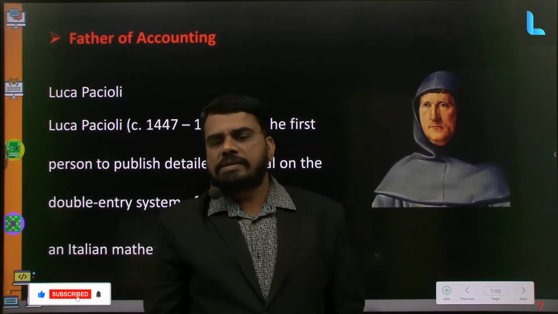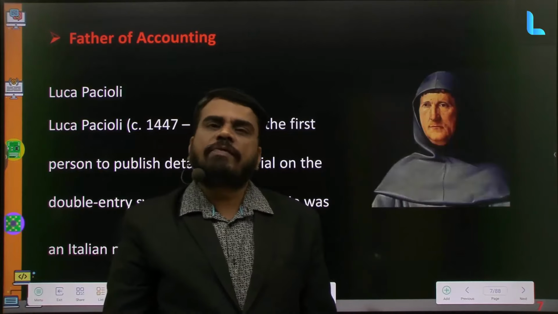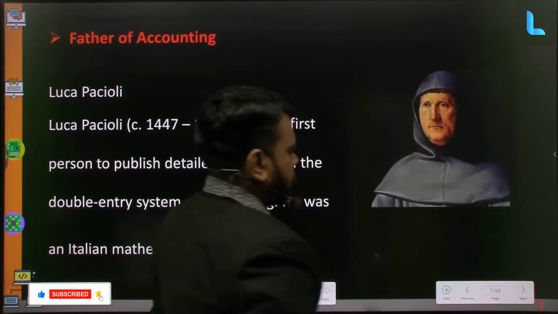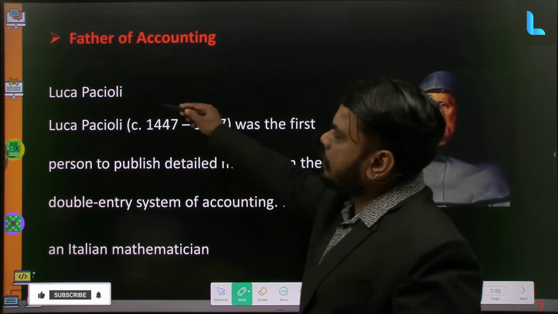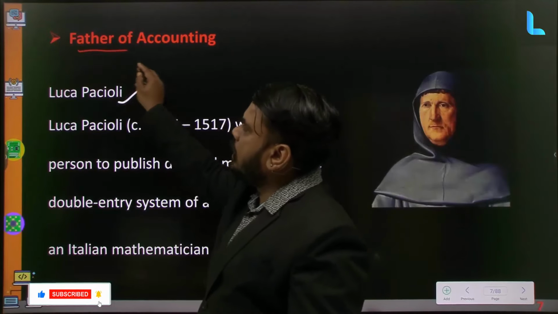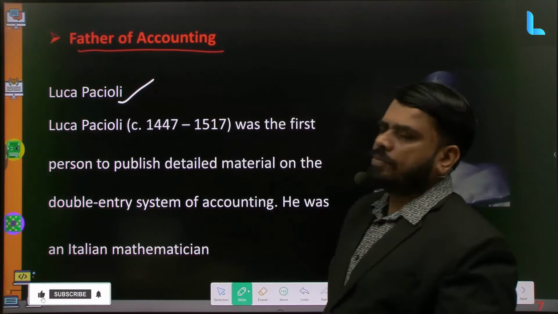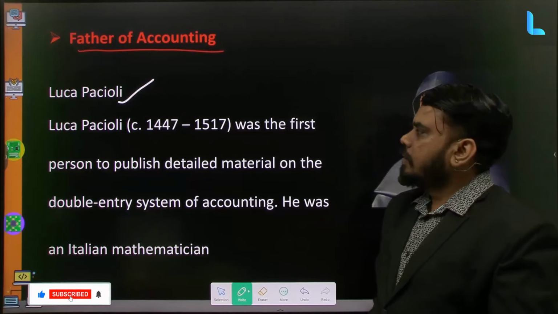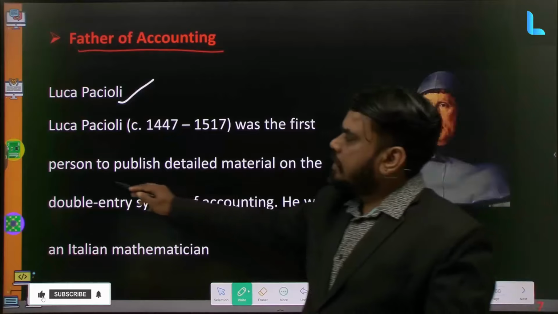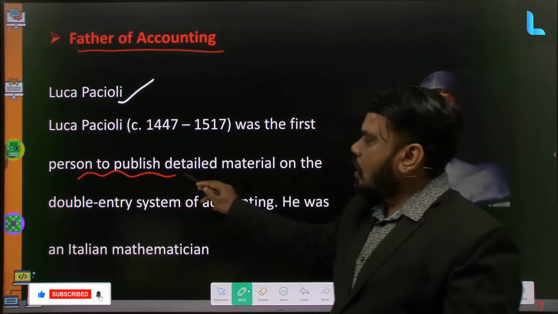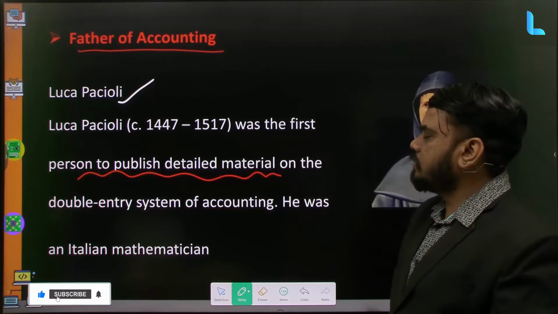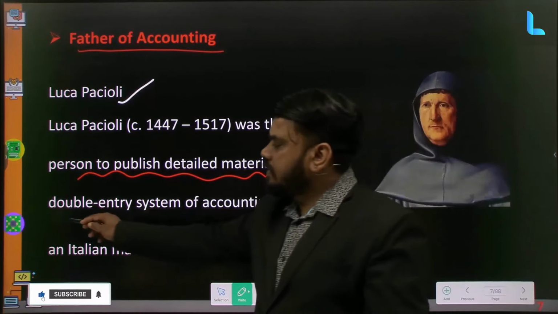The first thing is, who is actually known as the father of accounting? Luca Pacioli is the person generally known as the father of accounting. He was the first to publish a material or concept on maintaining accounts in the double entry system.